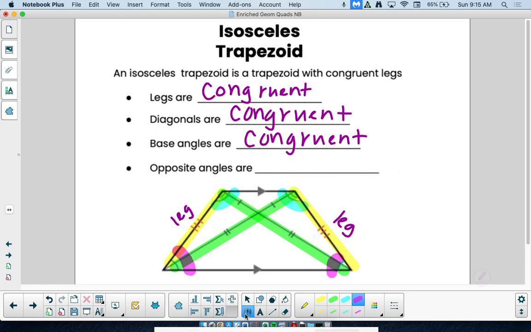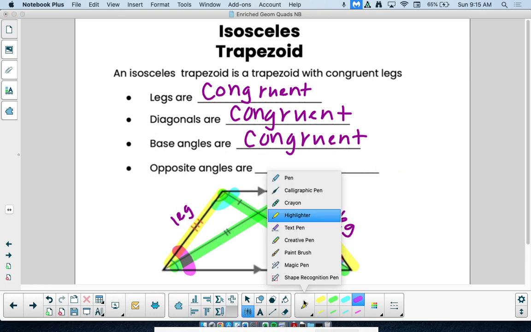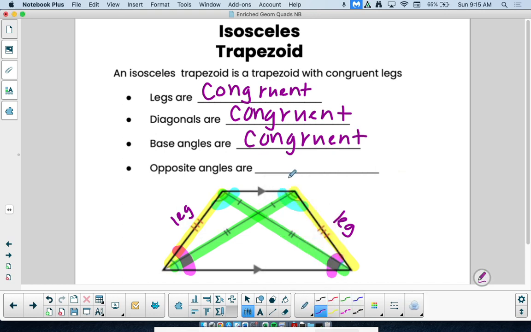And then lastly, our opposite angles, so the ones that are in opposite corners of your diagonals, are supplementary. Maybe we should label this. Let's label these and then we can write them down, okay?